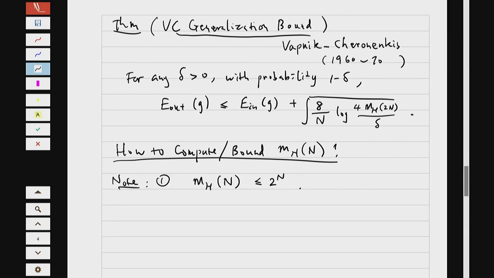If we use this one, 2 to the nth power, and plug it into the generalization bound, would that help at all? Why not? What's wrong with it? Take the log, you get n out, and the n's cancel out, right? It does not tell you anything about what happens when n is large. That doesn't help, so we have to do better than this. We have to come up with a bound for the growth function that is better than exponential.